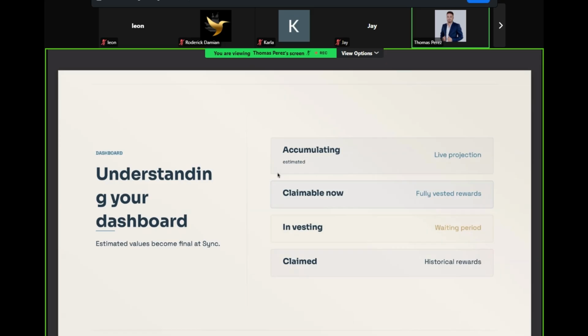They are projections. Others are already locked and confirmed on chain. So the key idea here is what you see is partly dynamic and partly finalized. And the transition happens at sync.